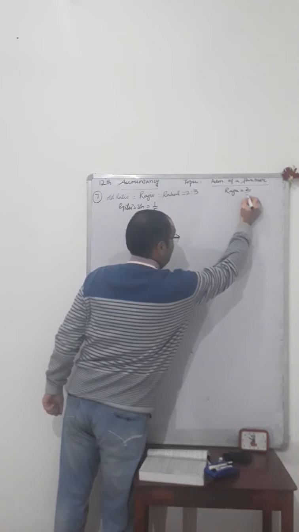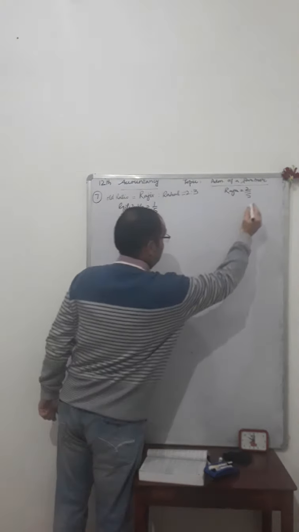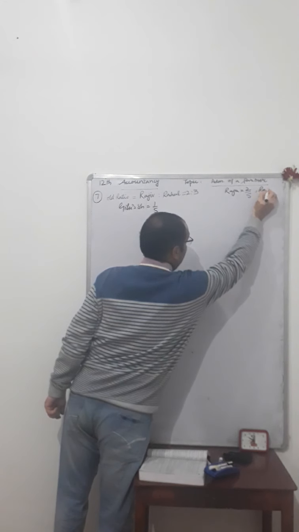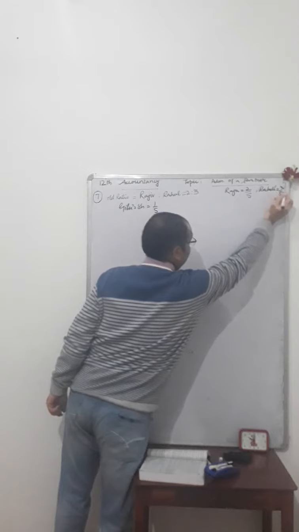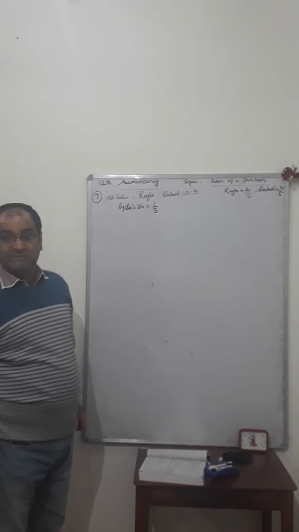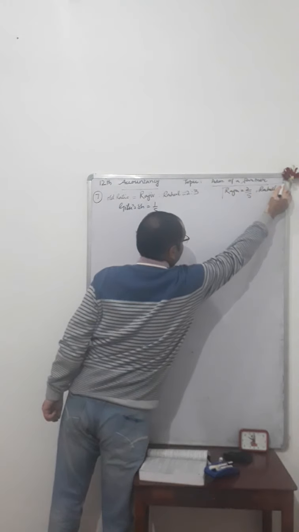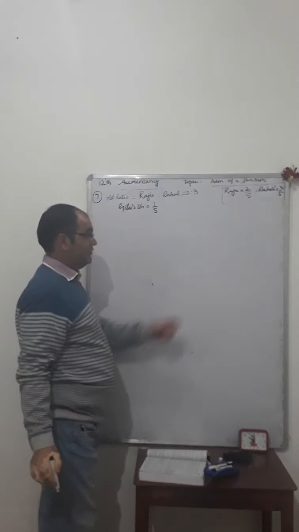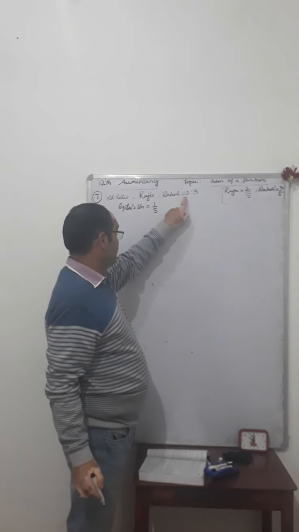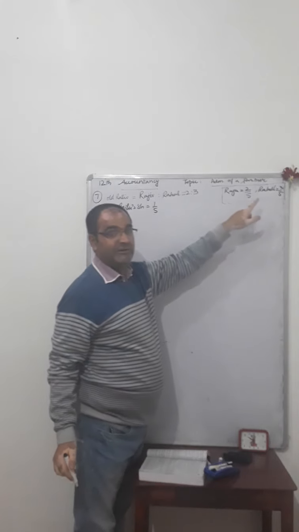Raju equal to 2/5 and Rahul equal to 3/5. This is the main thing here. Raju's old share is 2/5 and Rahul's is 3/5.